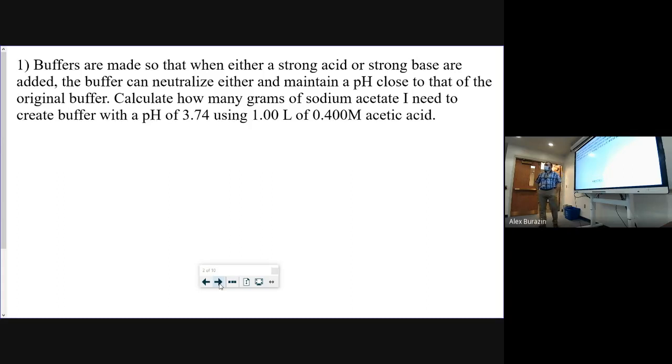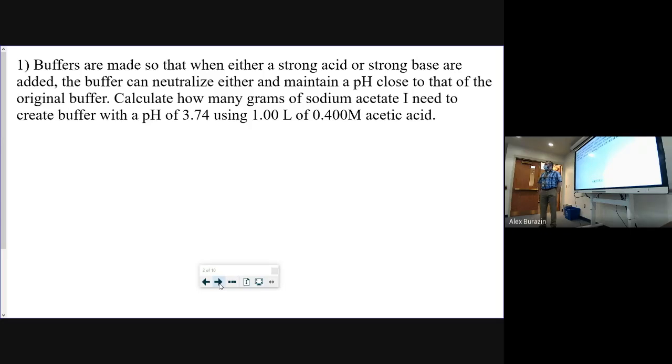We should start with the liters eventually to use factor label. Do I have a molarity of my base? No, I don't. So tracing back even further, we have to get the molarity. Not this time.